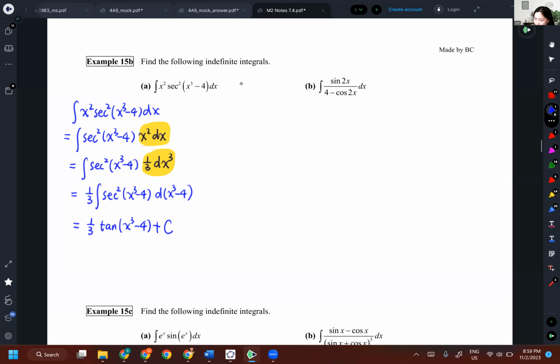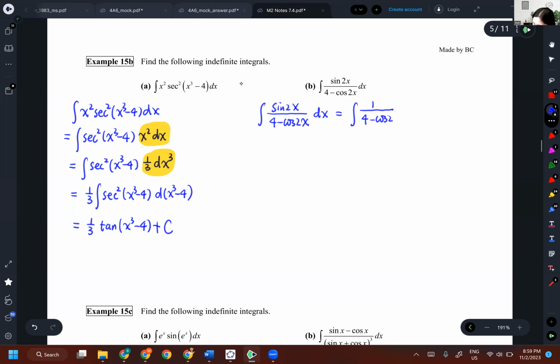Last example. Sine 2x times 4 minus cosine 2x dx. This one, 4 minus cosine 2x, sine 2x dx. Now the first thing I do is to change x to 2x.